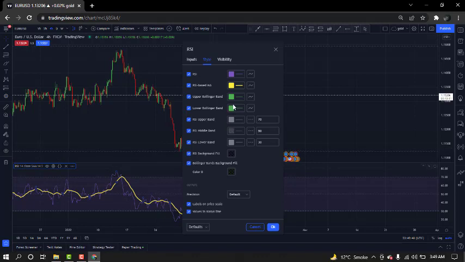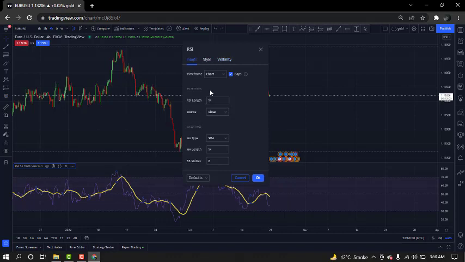This is the option where we can customize it as we want, but I prefer the value already input in this section, so you don't need to customize, but you can. Here you can choose the MA type: simple moving average, Bollinger Bands, EMA exponential moving average, SMMA, WMA, VWMA.